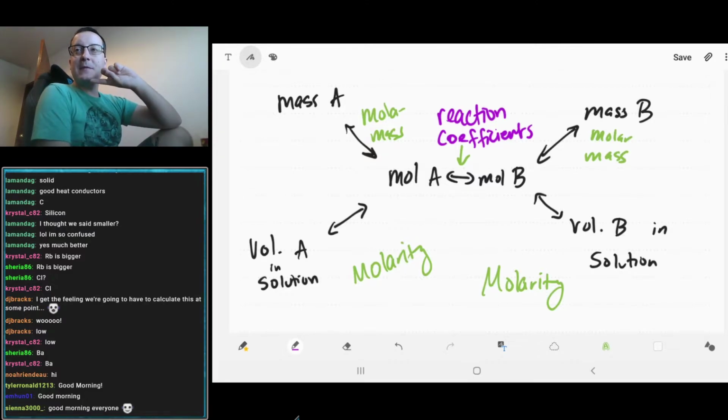But the same thing is going to happen here. We're going to be starting with 1 unit of whatever substance we have. That'll be A, right? Whatever that happens to be. We'll have a chemical reaction of some sort that'll give us coefficients. And from that, we're going to be able to take whatever quantity of A we have and convert it into whatever quantity of B that we're looking for. And so using a little chart like this is going to kind of guide us in how we're going to do that.